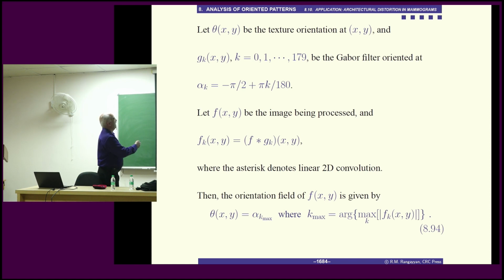So this is simply a representation. You are convolving the given image with g_k, that is the Gabor filter. The orientation is given by theta(x,y) = alpha_kmax, where kmax is the argument of the max of the f_k(x,y), which are the responses of the k filters. But that's what I already said.